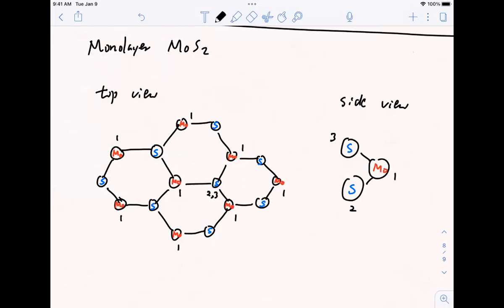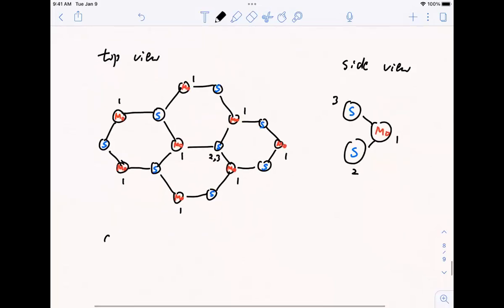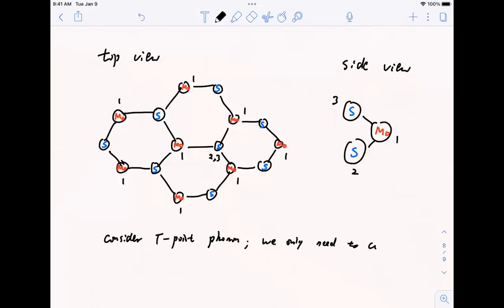We are considering the gamma point phonon, in which we only need to consider the vibration of one unit cell.